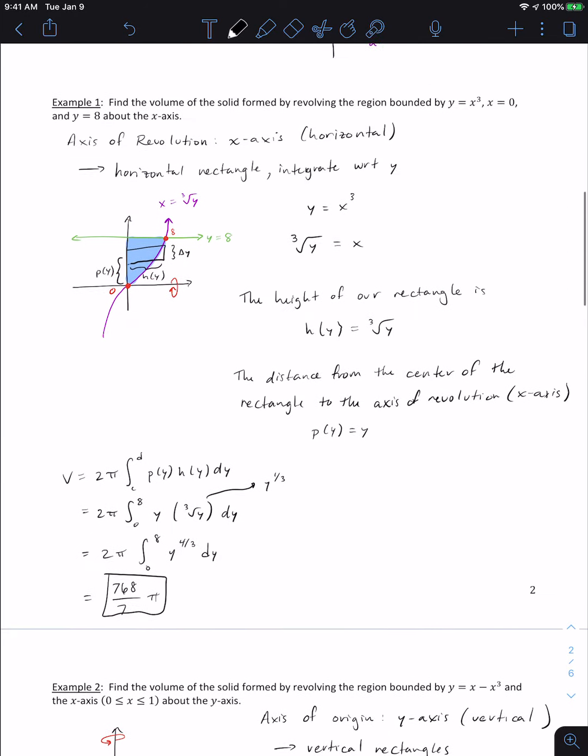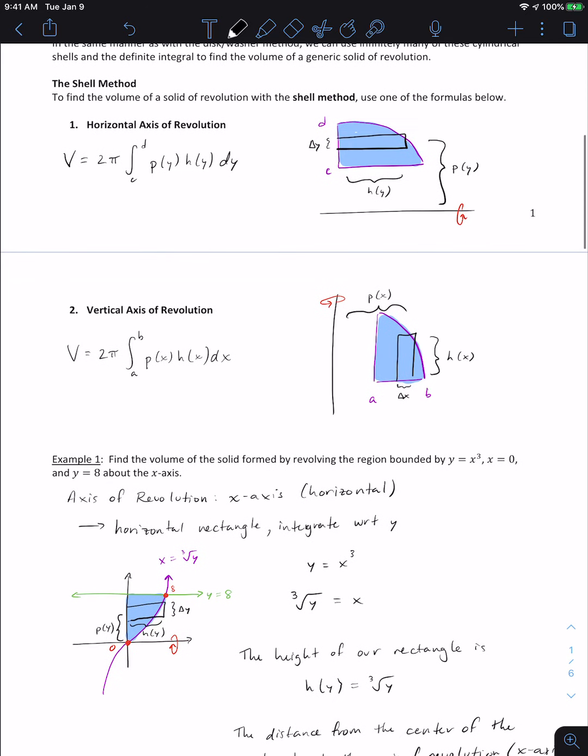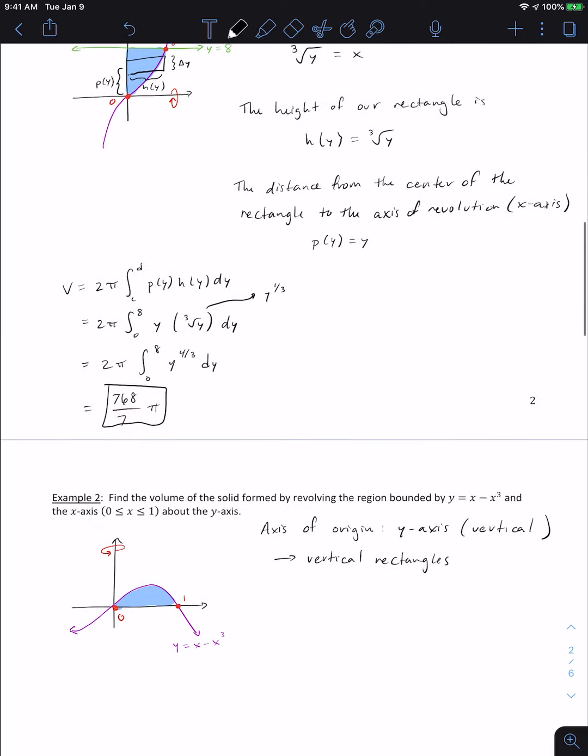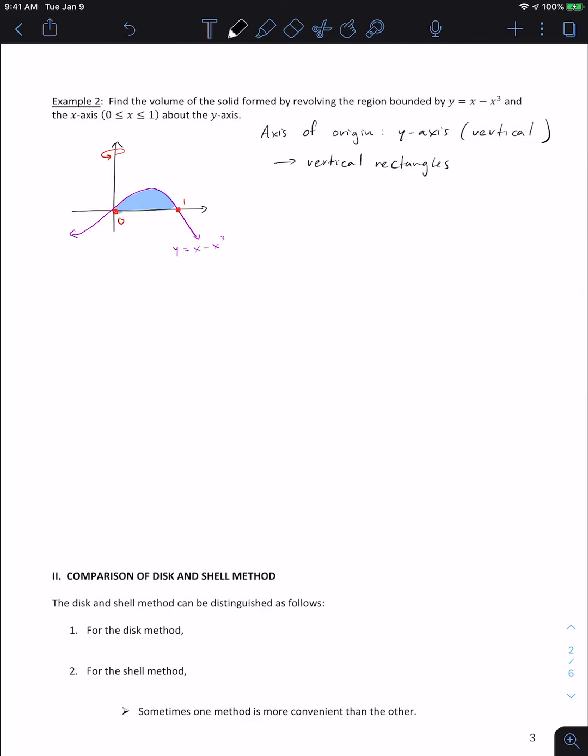Because in the case here, where I'm looking at a vertical axis of revolution, I need vertical rectangles, right? Which means I need to integrate with respect to x, right? So in other words, my function is in terms of x, life is good. I can leave it like that.